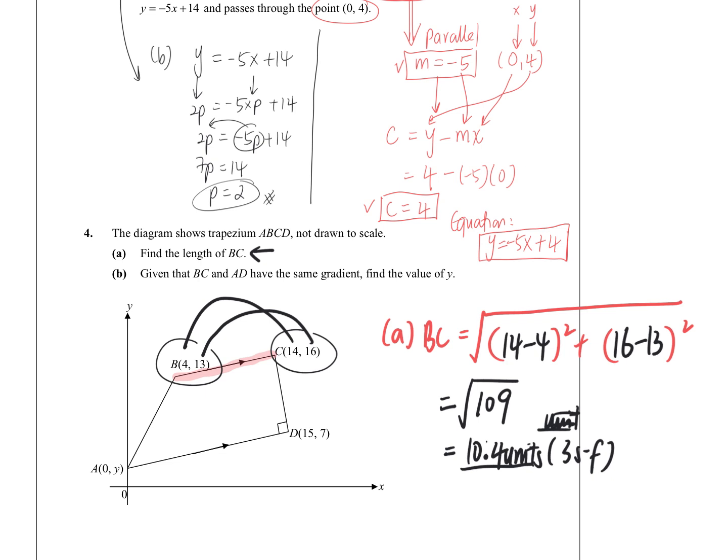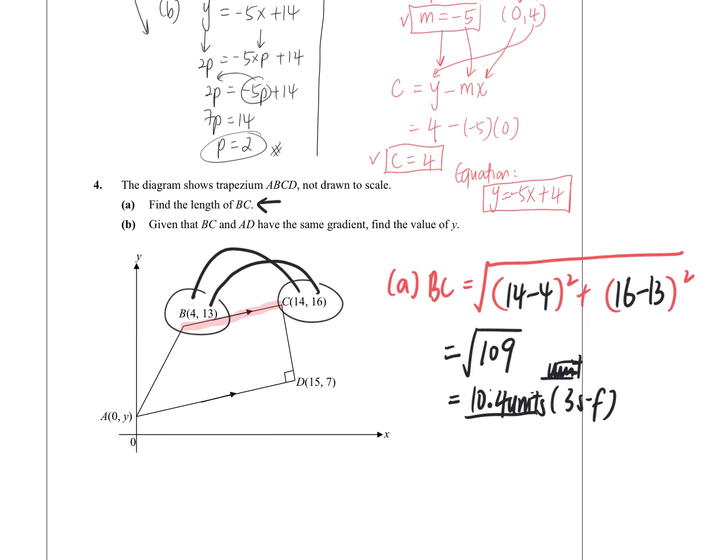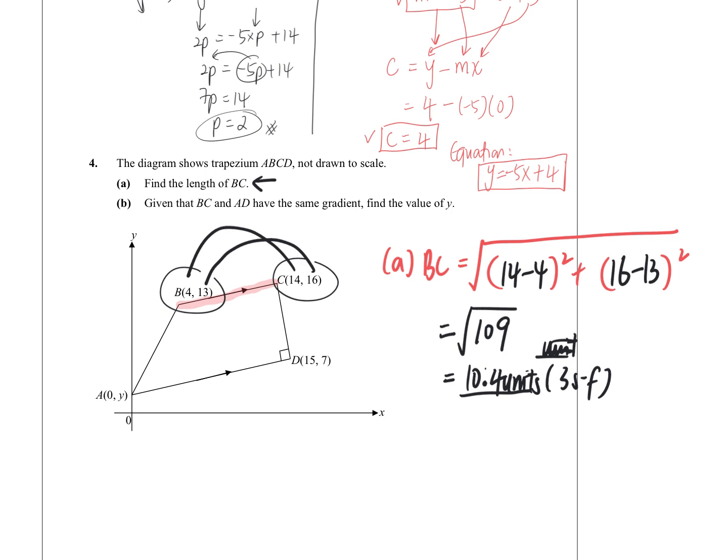Then they say given that BC and AD have the same gradient, find the value of y. So now we are talking about the gradient formula. Can you help me find the gradient of BC? Gradient is y2 minus y1 over x2 minus x1.